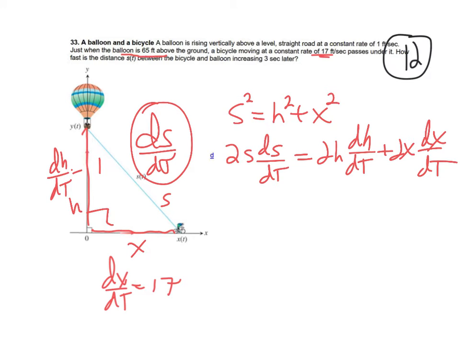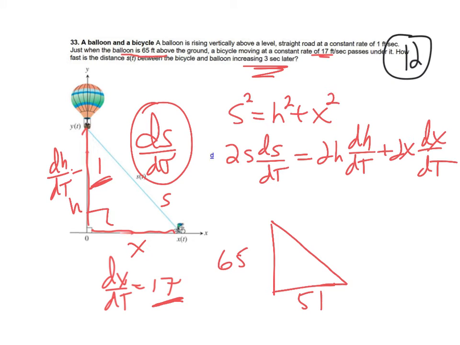I've got a triangle here. I know it's been 3 seconds later, and this bicycle is traveling at 17 feet per second. So 3 times 17 is 51. This initially was 65. And the problem I had my first time is I just used 65, ignoring the part that the height's increasing 1 foot per second.